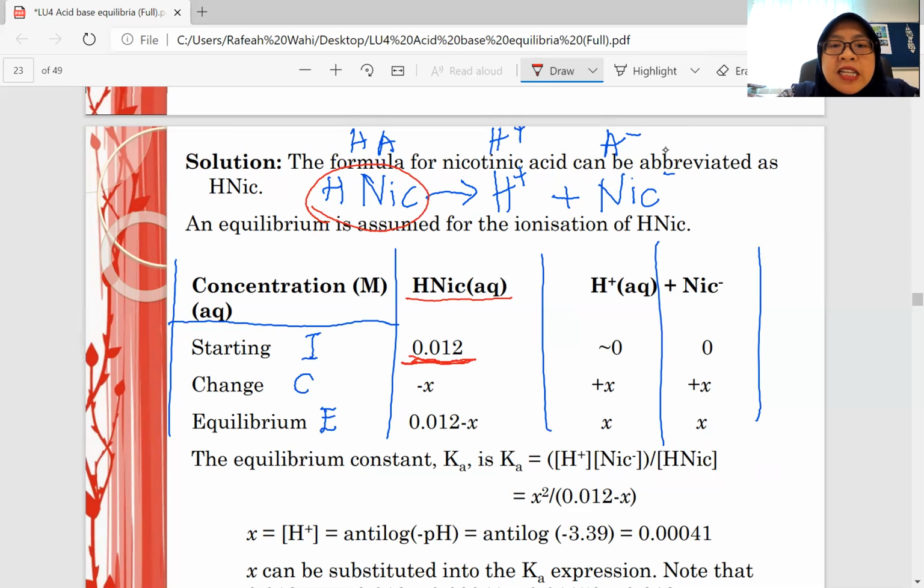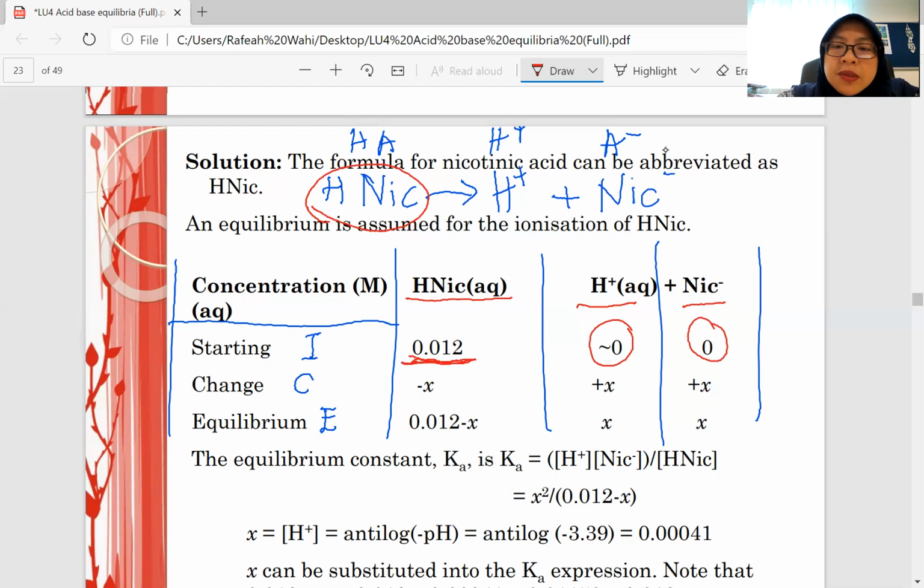At the initial point, we know that there is not yet any conversion or dissociation, no ionization of the nicotinic acid yet because it is at the initial stage. So the concentration of H plus ion, which is a product, and the concentration of the conjugate base, which is also a product, is 0 because no dissociation has happened yet.